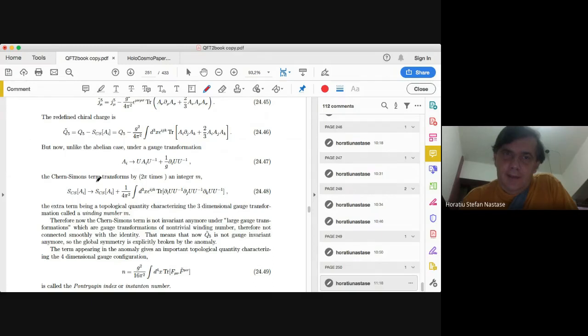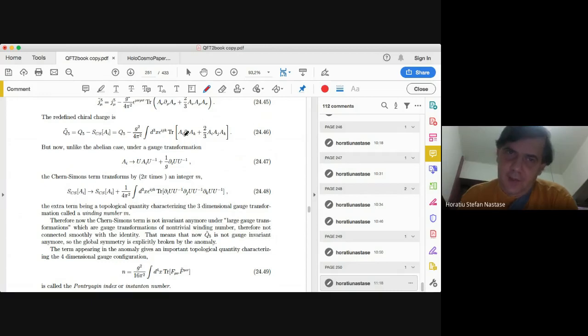So under this gauge transformation, the Chern-Simons term transforms by 2π times an integer.